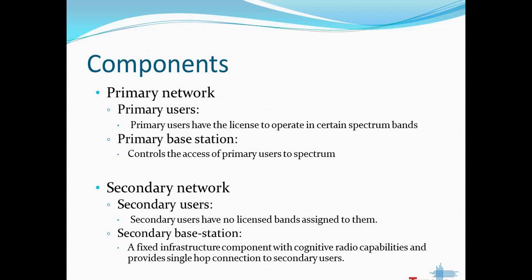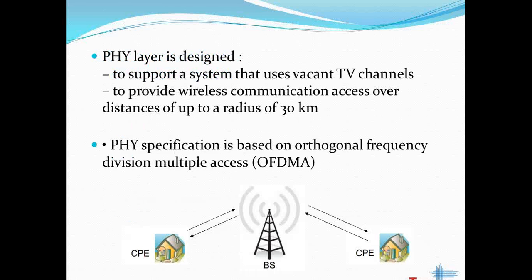Each of the users has a respective base station to control the access of the spectrum. As per the standard, the physical layer is designed to support the vacant TV channels, that is 54 MHz to 862 MHz, and provide a wireless communication distance up to a radius of 30 kilometers. As per this specification, it is based on OFDMA.